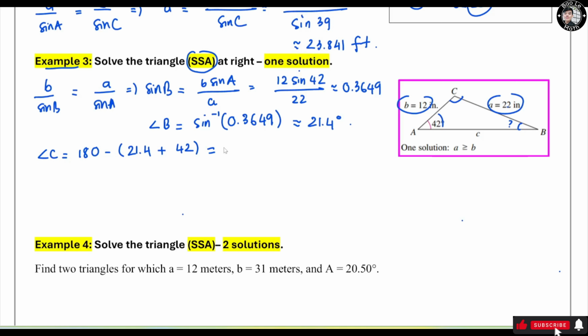It's going to be approximately 116.6 degrees. We need to solve for the side length C, and we're done.